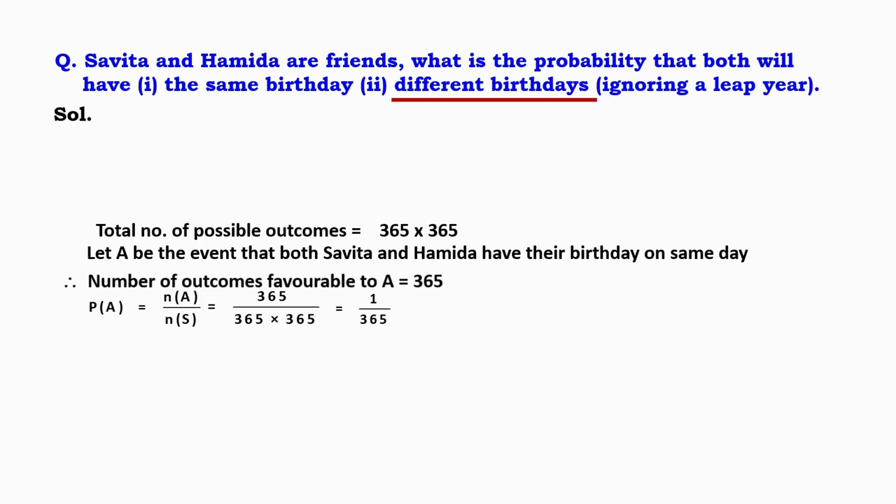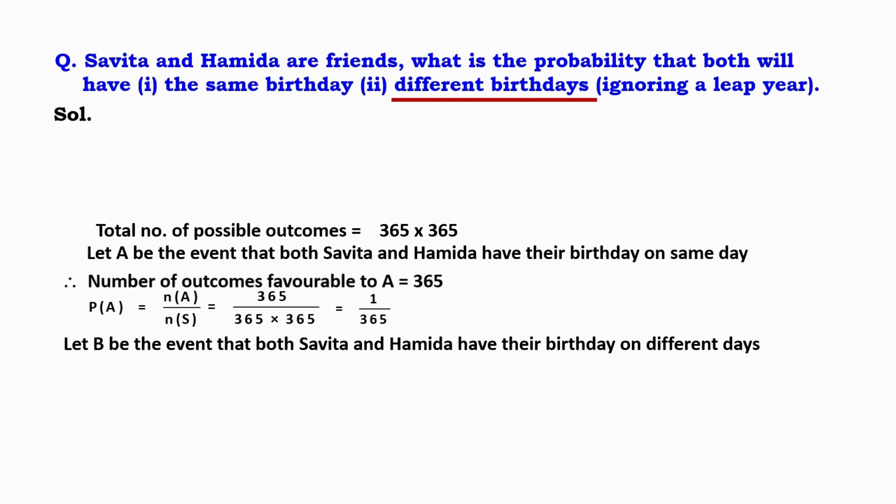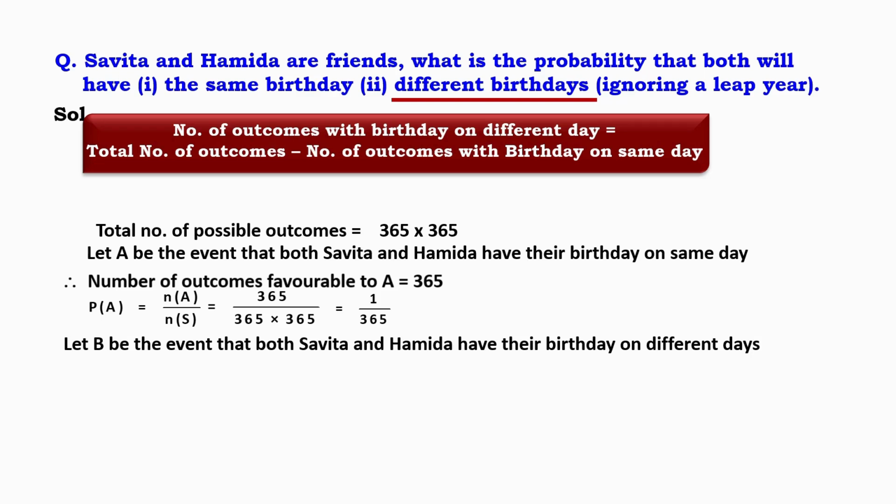Now the second part of the problem: the probability that they will have birthdays on different days. Let B be the event that both Savita and Hamida have their birthdays on different days. The number of outcomes with birthdays on different days is equal to the total number of outcomes minus the number of outcomes with birthdays on the same day.